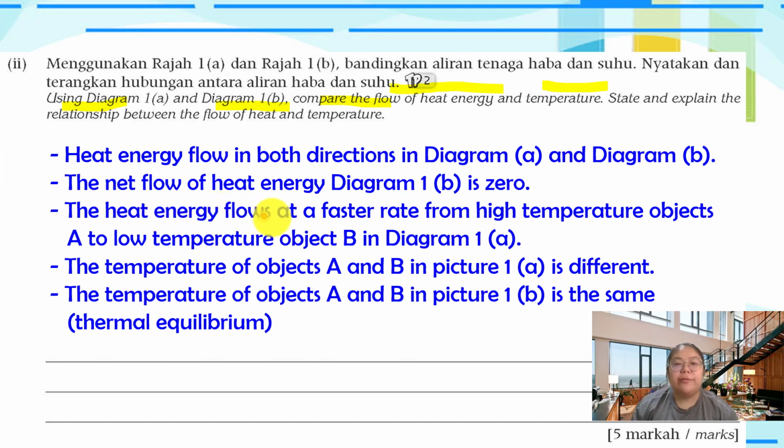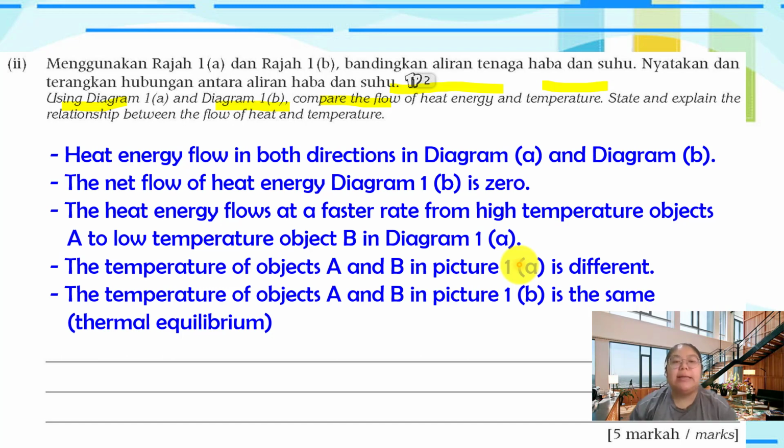The heat energy flows at a faster rate from the high temperature object A to the low temperature object B in diagram 1. So diagram 1 only; diagram B is already 0.